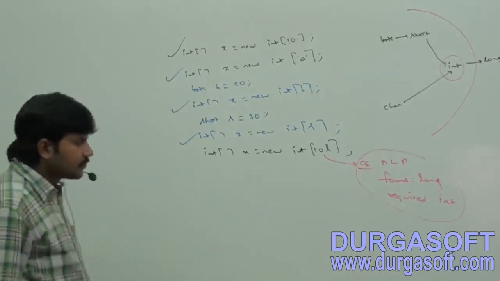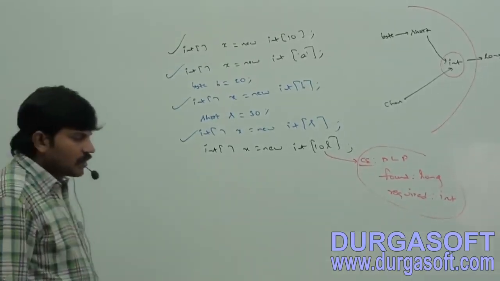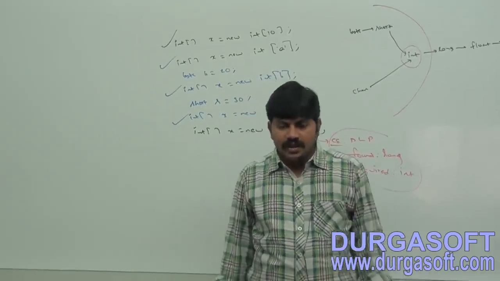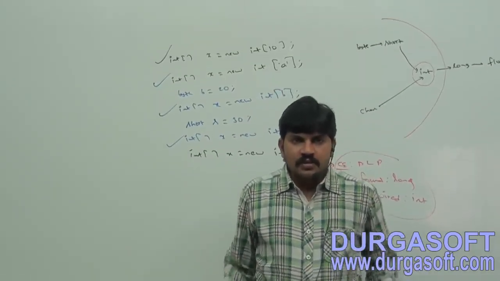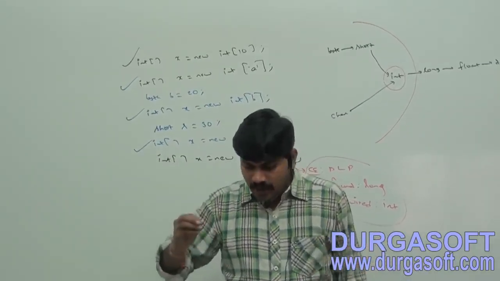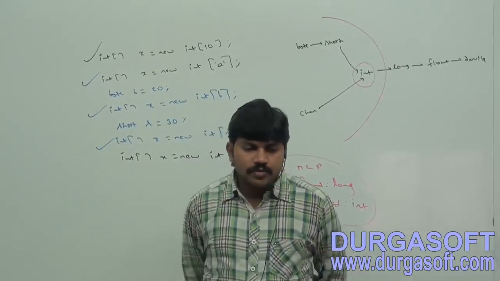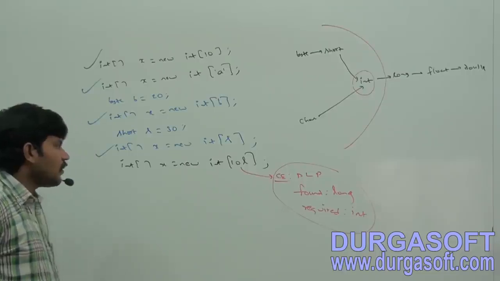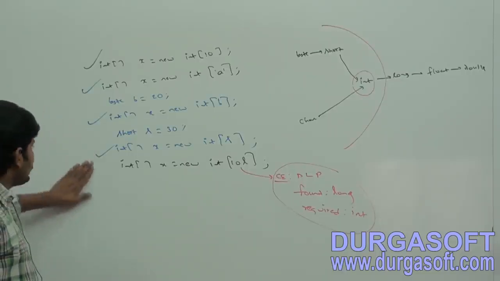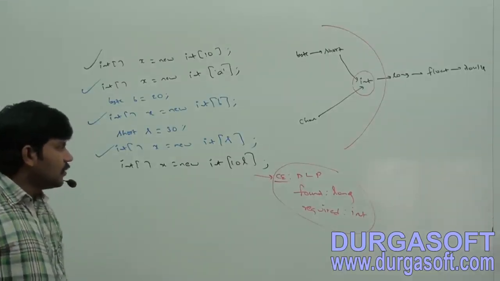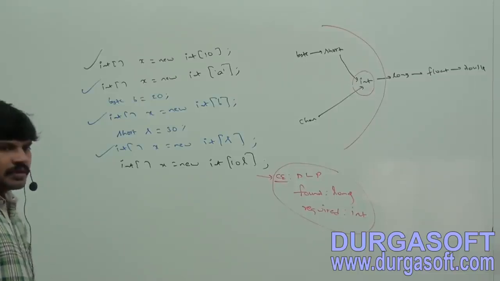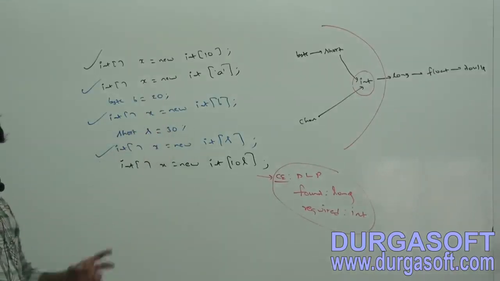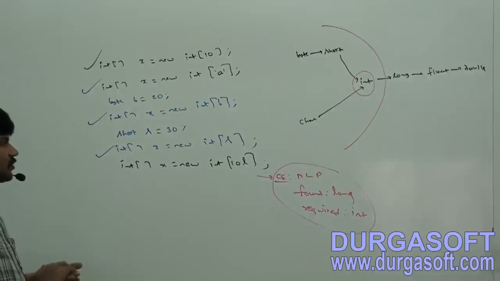Okay, to specify array size, the allowed data types are, take this example.